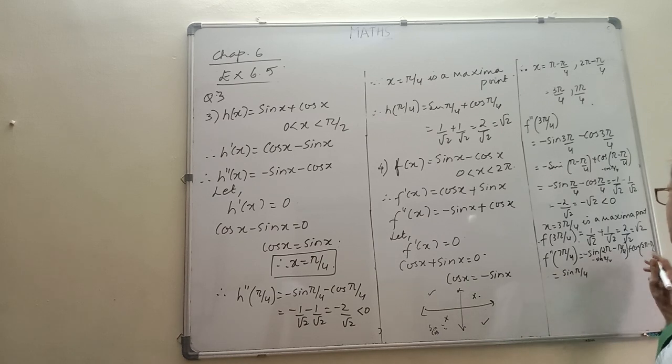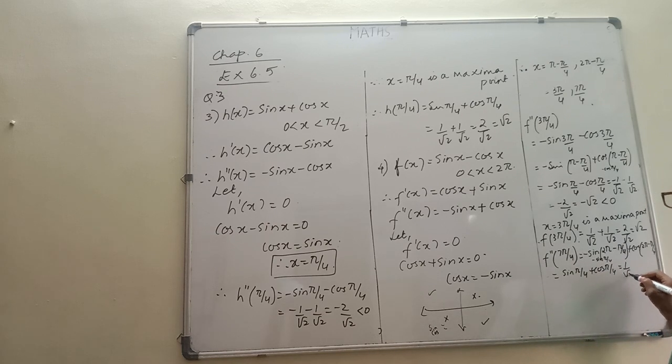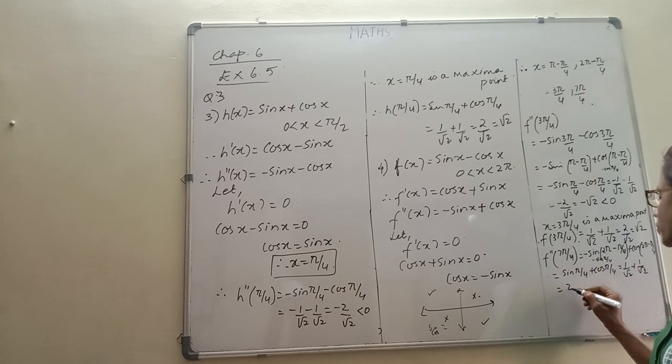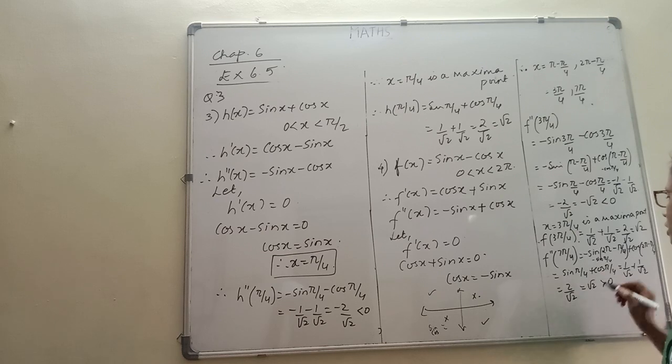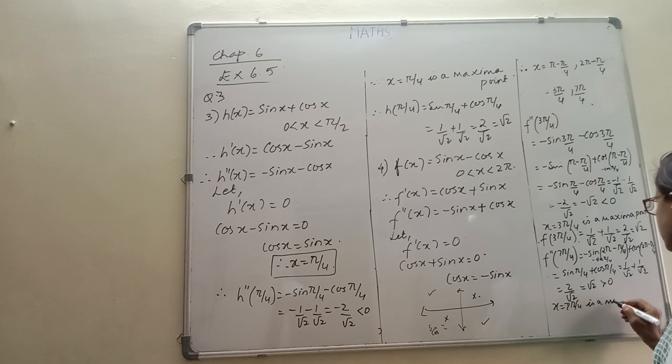And cos stays positive because it's the quadrant for cos, so it's cos pi by 4. So it's 1 over root 2 plus 1 over root 2, which is 2 over root 2, that's root 2, and it's positive. So 7 pi by 4 is a minima point.